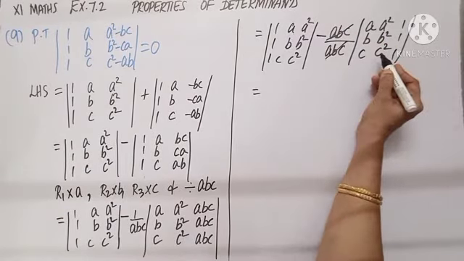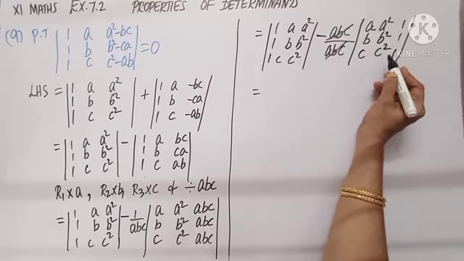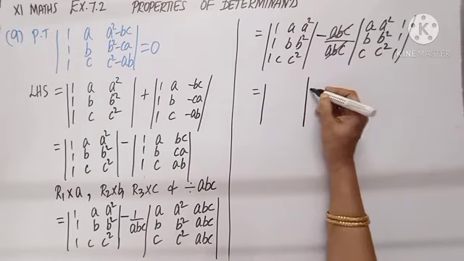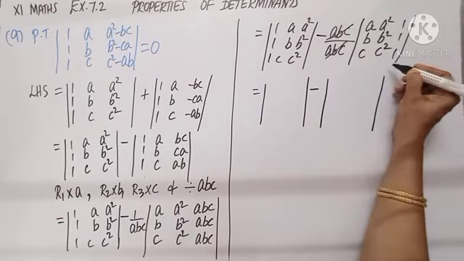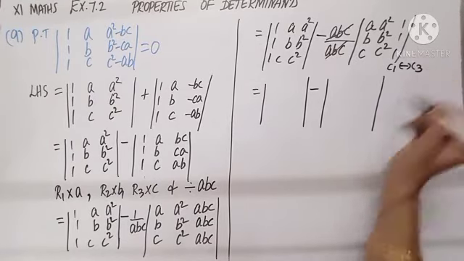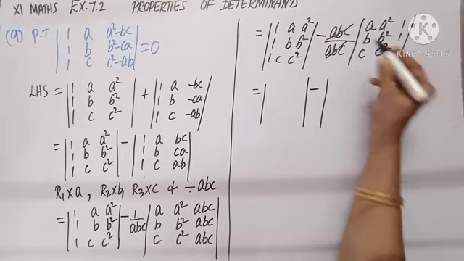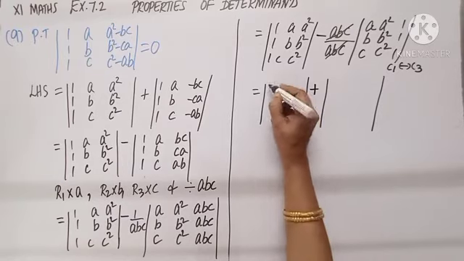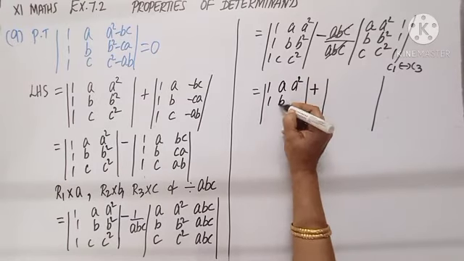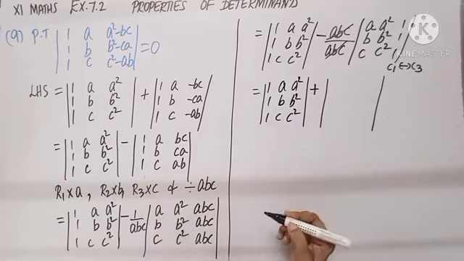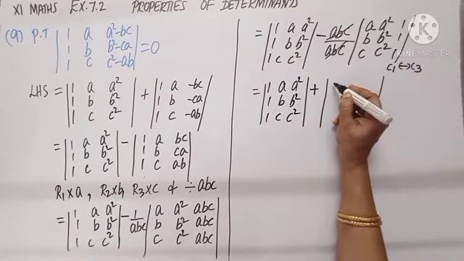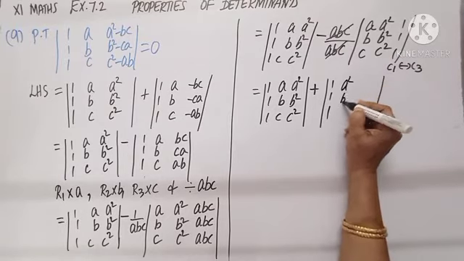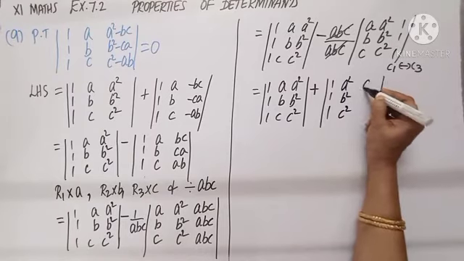This and this, to have in the same pattern. Check. I need ones in the first column. Write the first determinant as it is. Interchange column 1 and column 3. Whenever I interchange two columns, the minus symbol will become plus. So the first determinant, no change. Second determinant, I write first column as third, second column no change, third column as first.